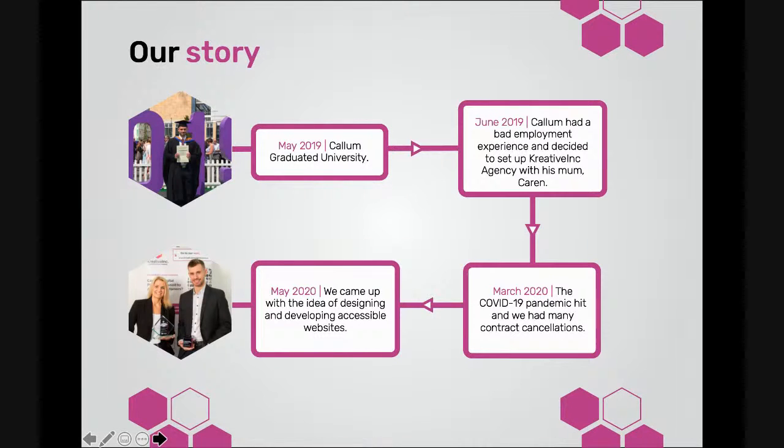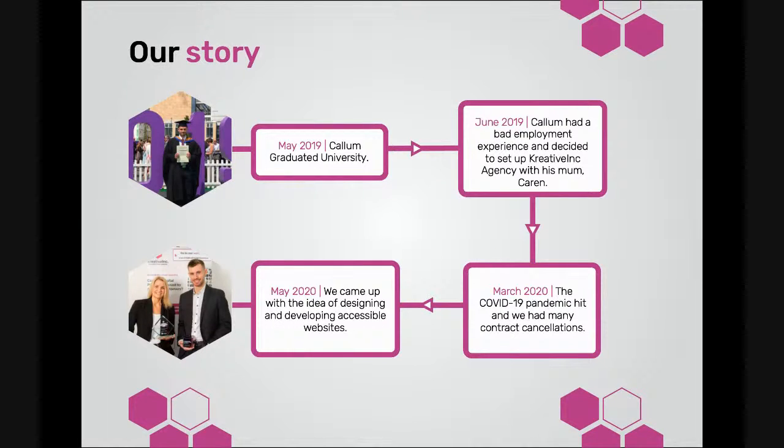Before I start, I'd like to tell you a little bit about our story. In May 2019, Callum graduated from university. He studied creative media technology, and in June 2019 he went straight into a job as a web developer.